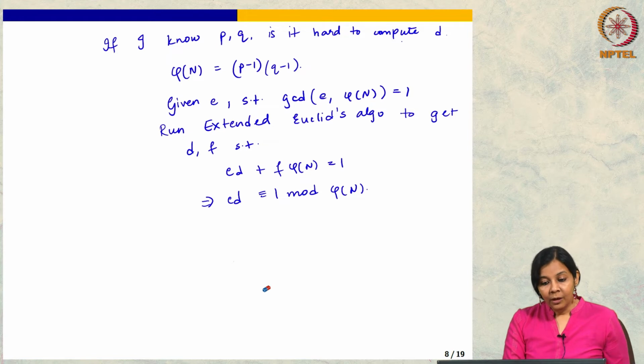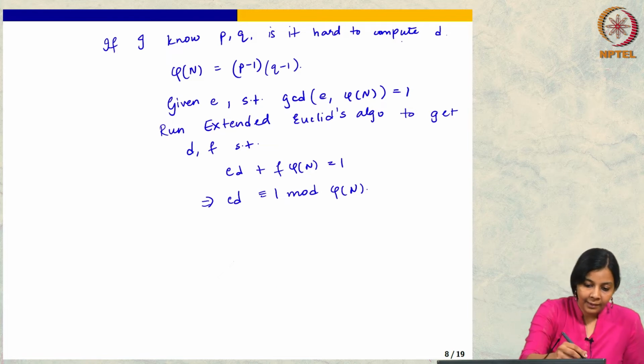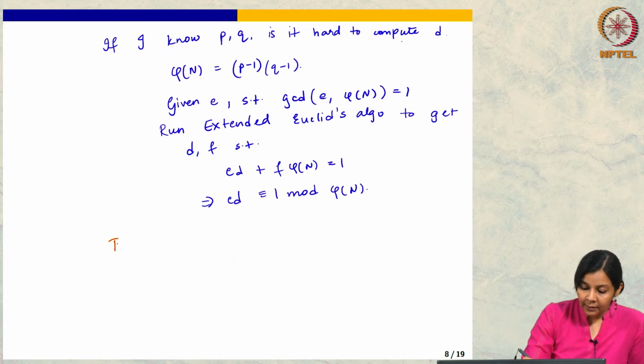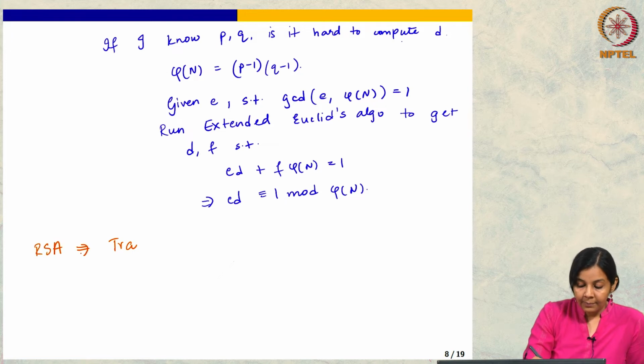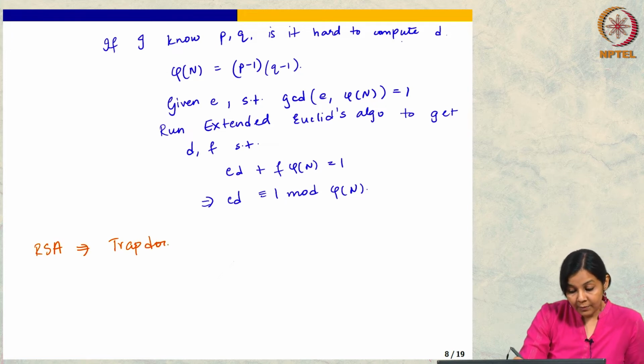Okay, good. So, this is the RSA assumption. And as a sneak peek, RSA will imply trapdoor permutations.